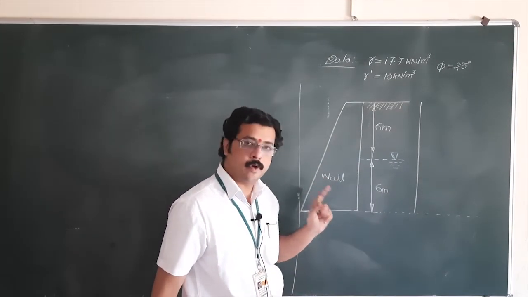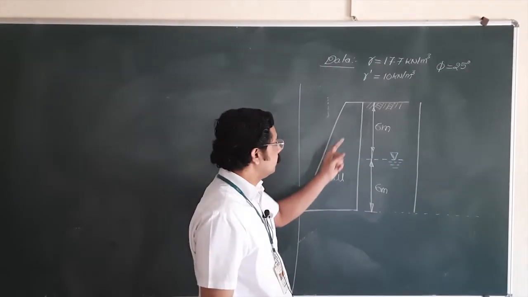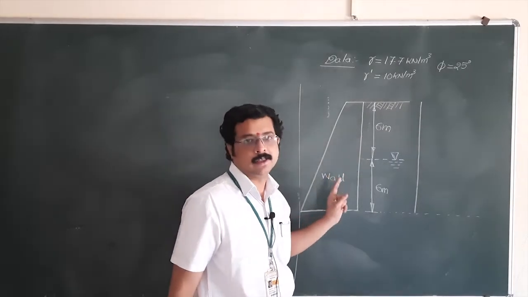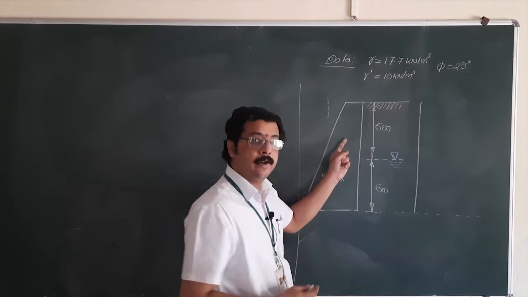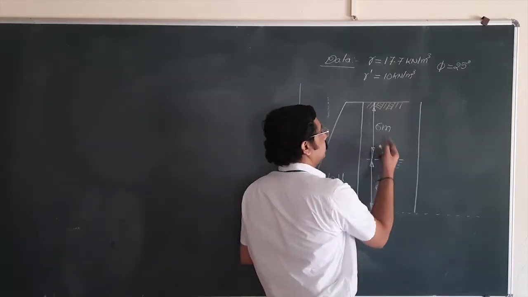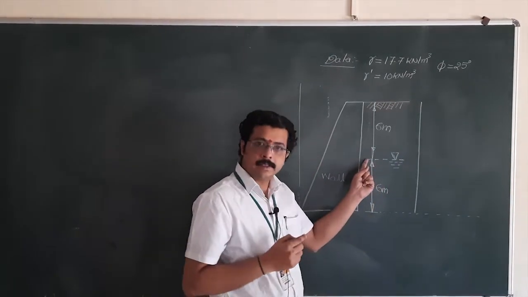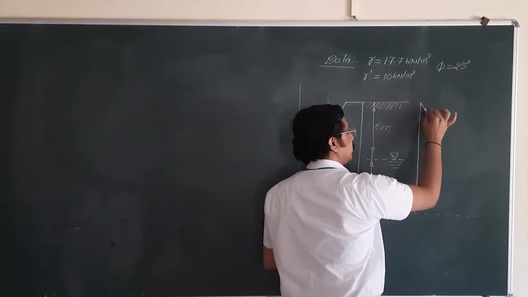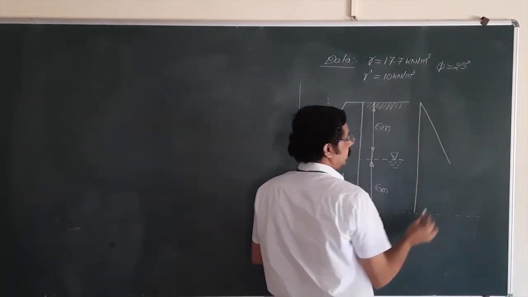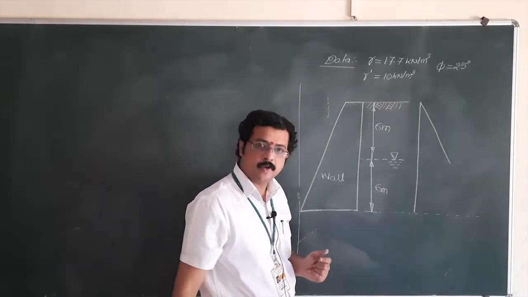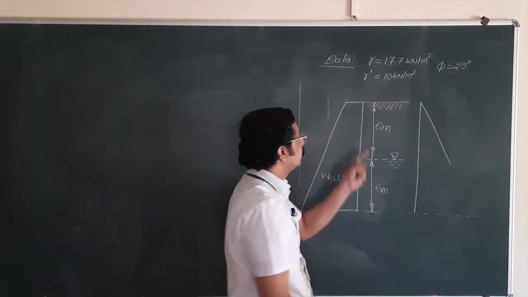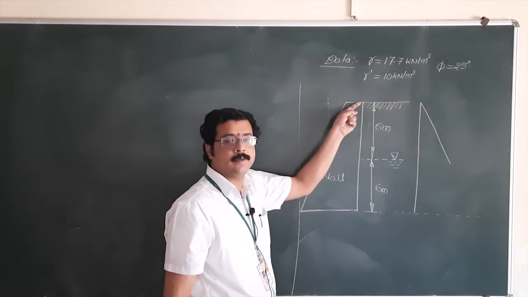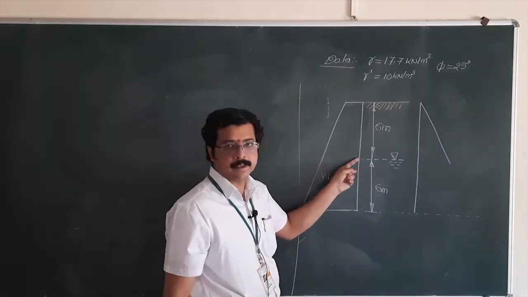Hence, we have to draw two separate diagrams for dry portion and for submerged portion. Let us begin with the dry portion. So, consider this 6 meter level, and plot the pressure diagram. The distribution of pressure would be triangular from 0, that is from the ground surface, to this 6 meter.